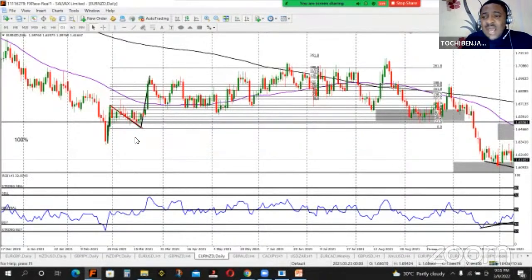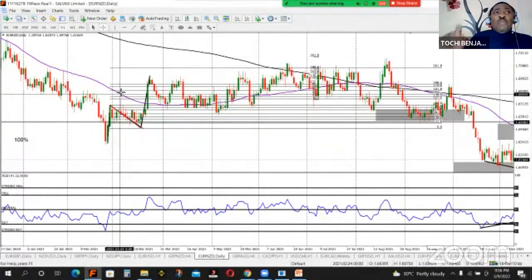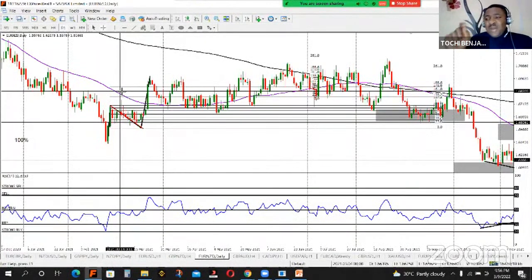At this point, you trace it and get your value. Look at it. The value is 1.68373. That is where I'll put my take profit while buying this market, Euro NZD. If I was in this market, I'll put 1.68399 as my take profit, which corresponds with the 161.8 level as an extension.